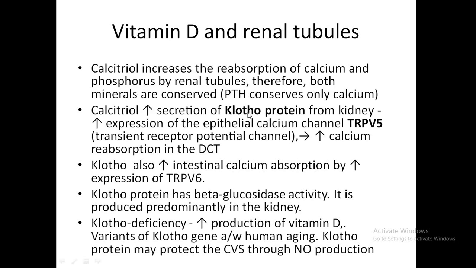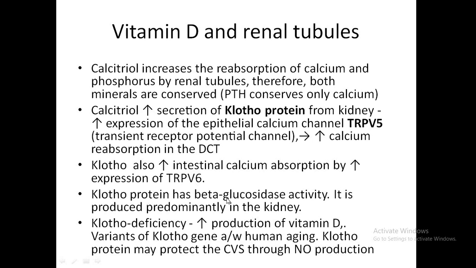Calcitriol will increase the secretion of klotho protein from the kidney, and this in turn causes increased expression of the epithelial calcium channel, also called TRPV5, and this leads to increased reabsorption from the distal convoluted tubule. So klotho also increases intestinal calcium absorption by increasing expression of another calcium channel called TRPV6 in the intestinal cells.